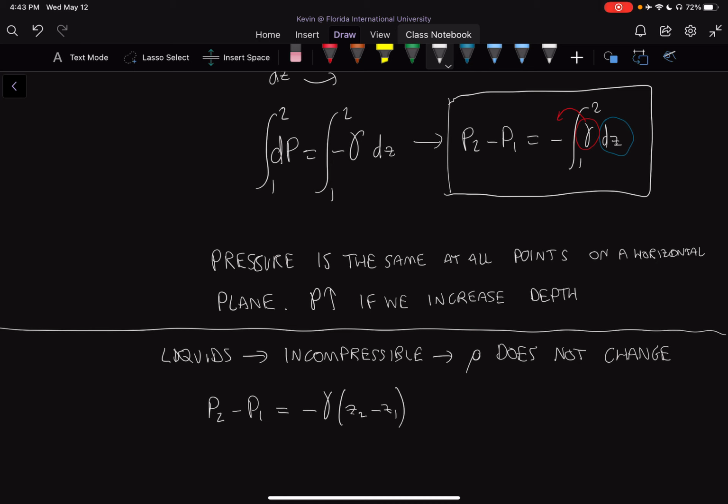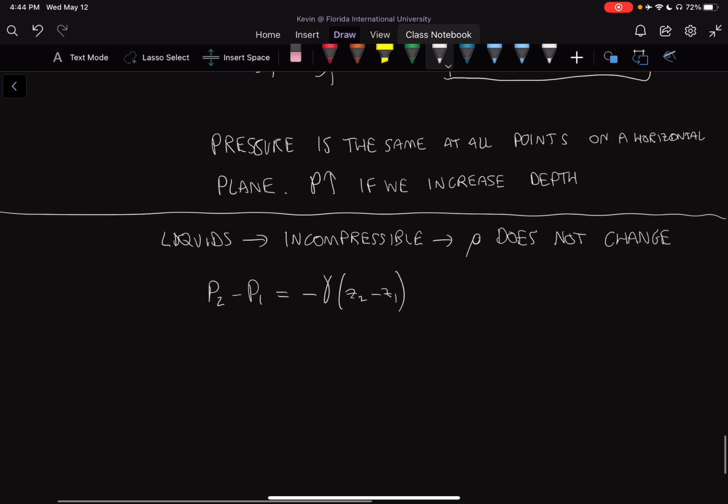And we can rearrange this equation into defining a pressure head. I'll explain what that is in a second: the pressure head is just pressure measured in height.